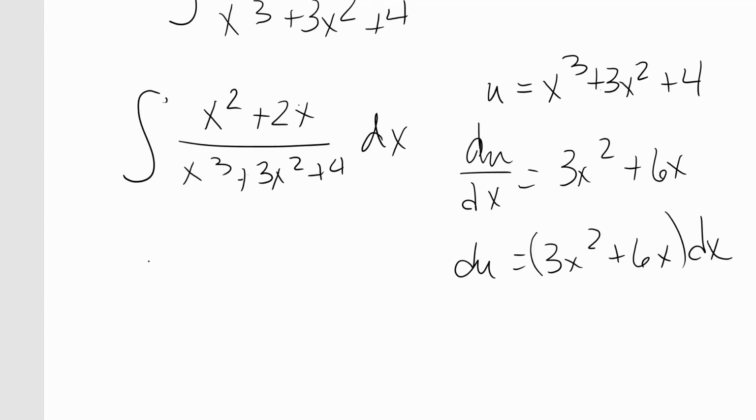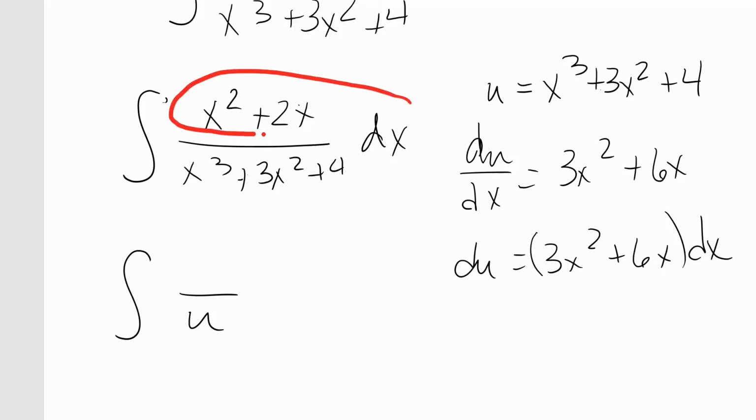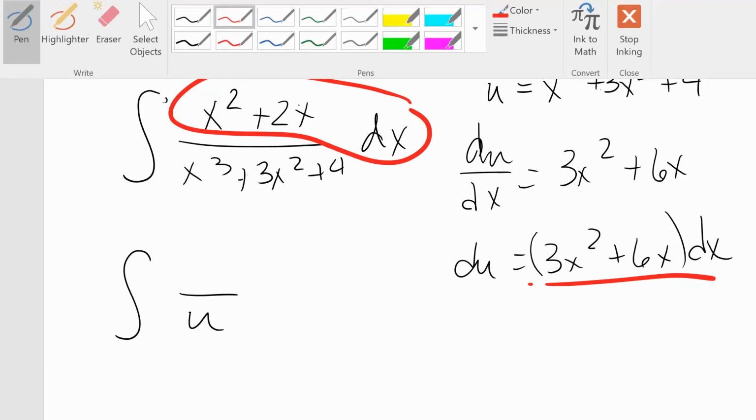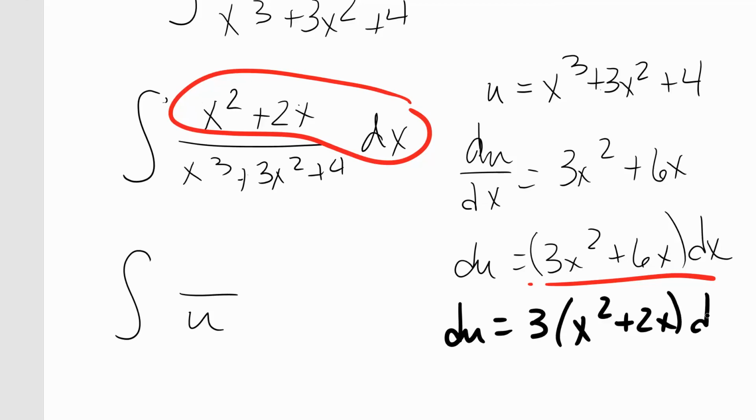So go back to our integral now. I get the integral. The denominator is u. Again, remember, I want everything that's left to match up over here. It doesn't, but I can make it match fairly quickly. Pull a 3 out. du is 3 times x squared plus 2x dx.